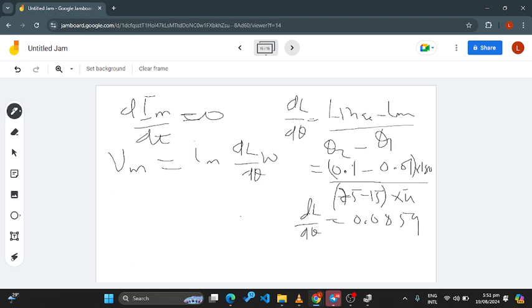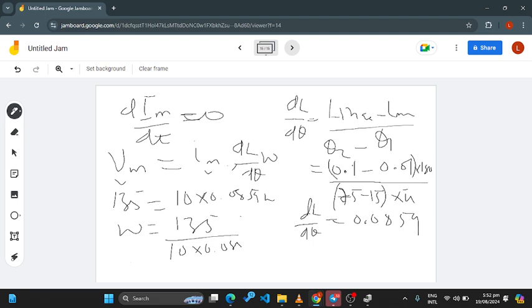So if that's the case, we know this, this, and this. So we are going to have 135 is equal to 10 times 0.0859 omega. So then omega should be equal to 135 divided by 10 times 0.0859.